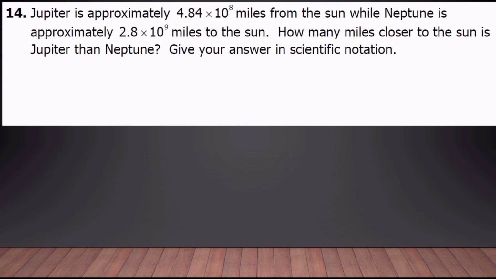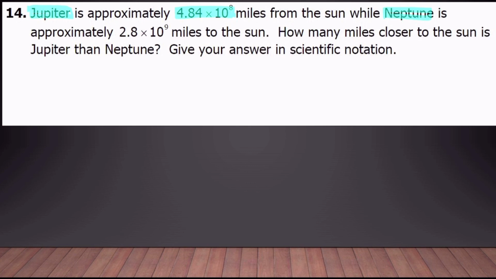So you're going to attempt this one on your own, and I'm going to help you. I'm going to highlight some keywords. So here is Jupiter, okay? It's approximately 4.84 times 10 to the 8th power miles from the sun.